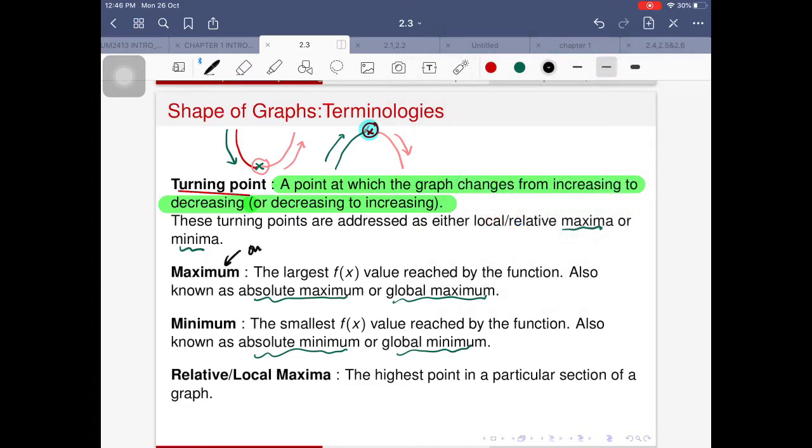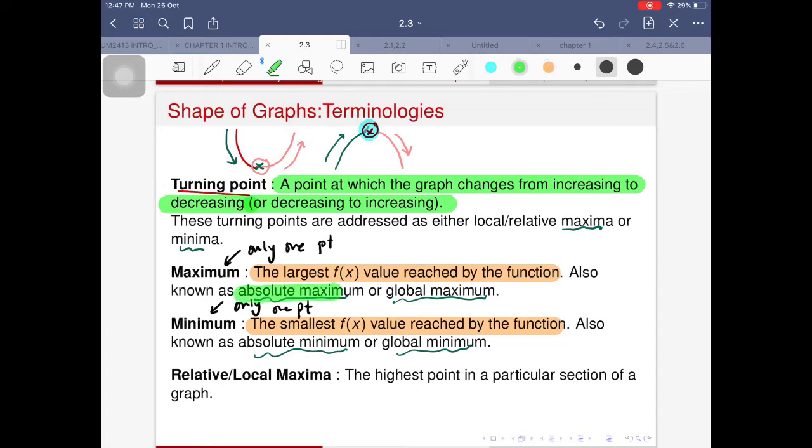Maximum and minimum are also known as absolute maximum or global maximum, and absolute minimum or global minimum. So it's called maximum, not maxima, and from here we can tell right away that there can only be one point. The same goes for minimum: there can be only one global minimum in the function itself. The maximum point is the largest value reached by the function, one point that is the largest, while the minimum is one point that is the smallest.